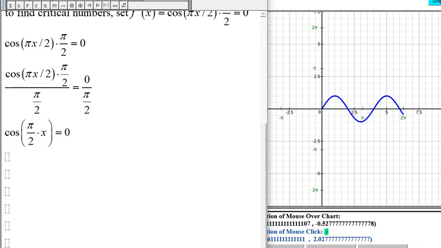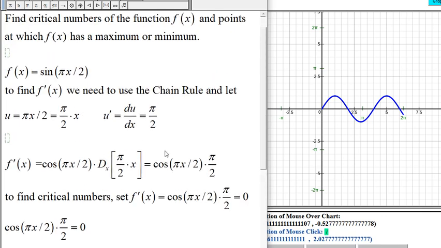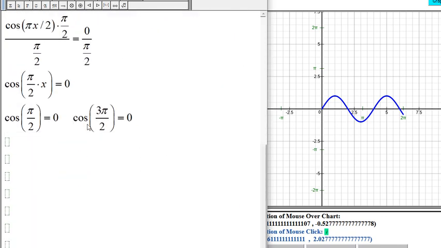And so we looked on the trigonometric table values where we see that cosine of pi over 2 is equal to 0. And then cosine of 3 pi over 2 is equal to 0. And now x is restricted to be between 0 and 2 pi. And so we need to go all the way up to 2 pi.